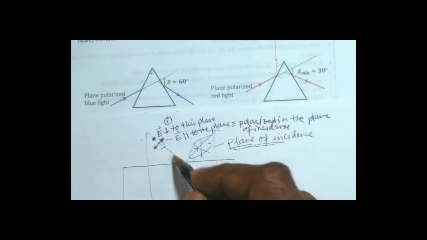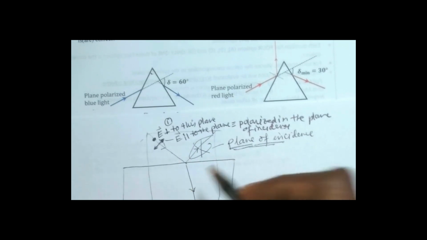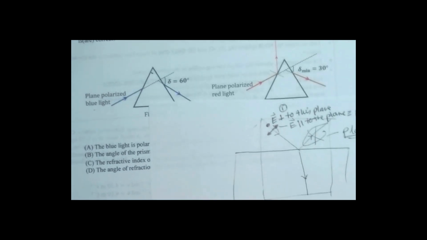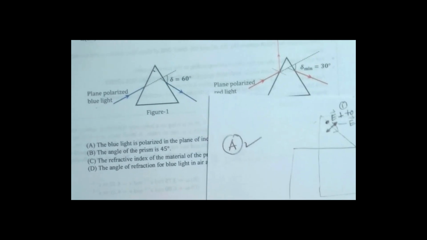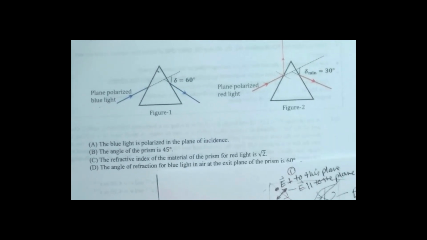There will be no reflected ray. There will be just this coming into that. All right. So you either know or not. So we already can see from this presentation here that A is correct. Okay. So we get A right, and then we have to work on the other ones.